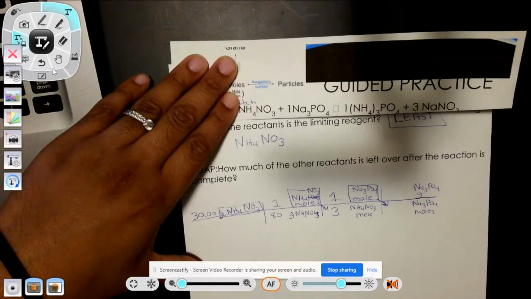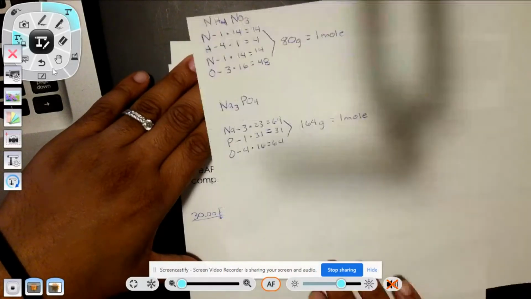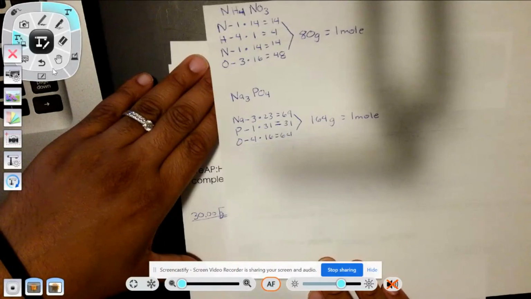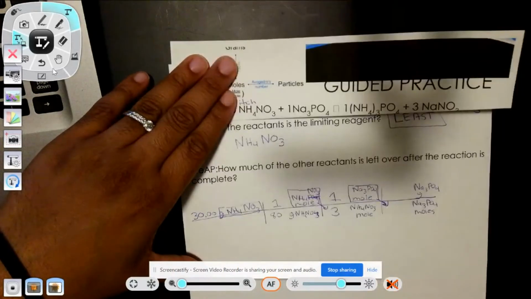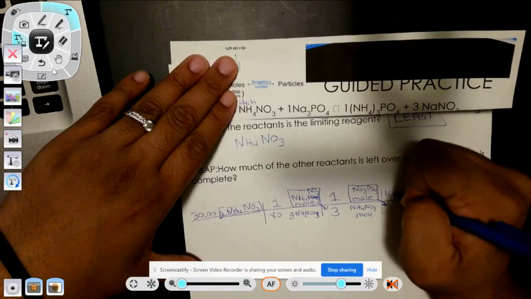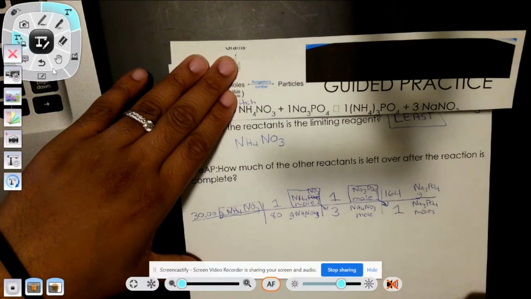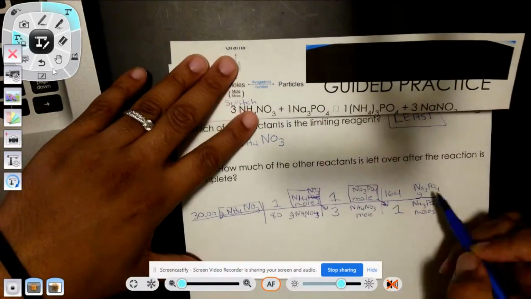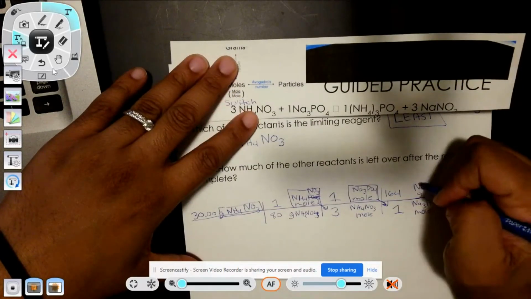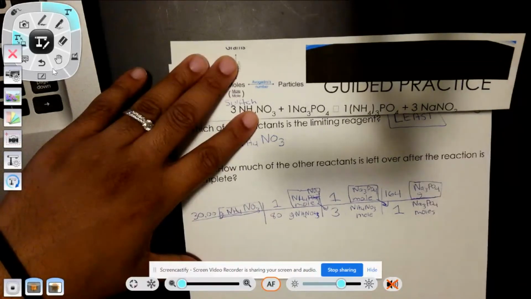Okay. And just like before, we already have done this math, and 1 mole of sodium phosphate is 164 grams. So we're going to have 164 grams equals 1 mole of sodium phosphate. And so then we end up where we want, which is grams of sodium phosphate.